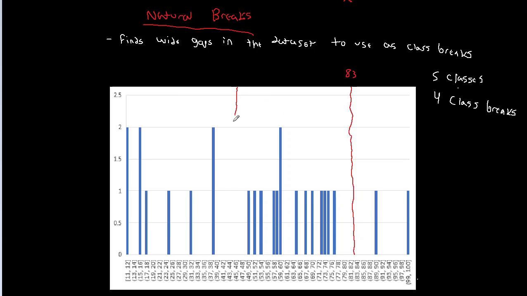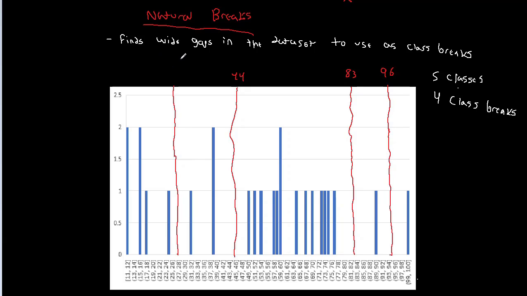Then I might put another one here, at a value of say 44. Then this looks like a good break here, at a value of maybe 96. And another good breakpoint would be here, at a value of say 28.